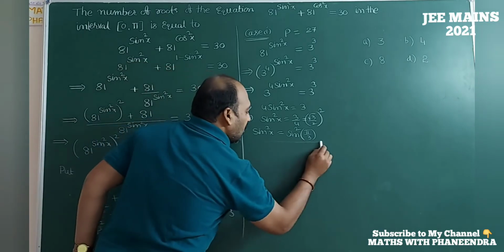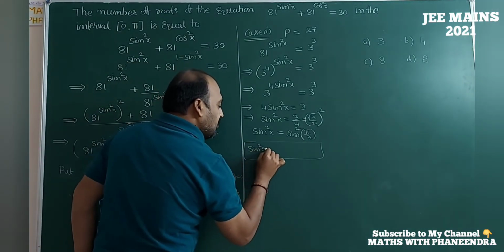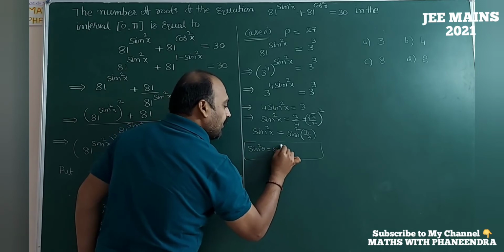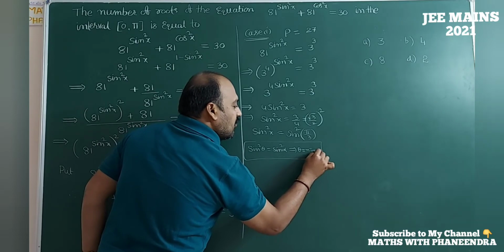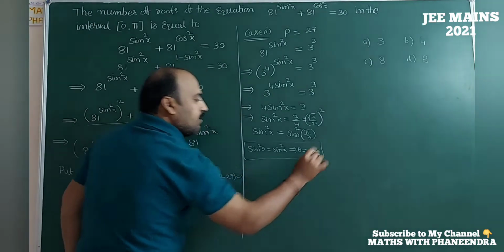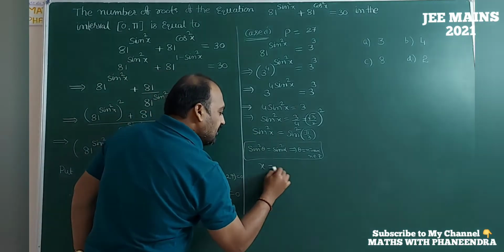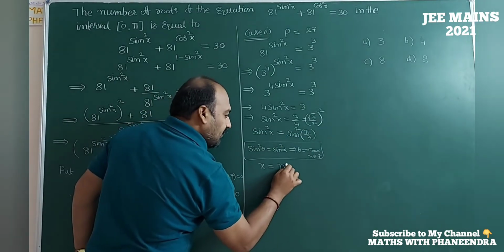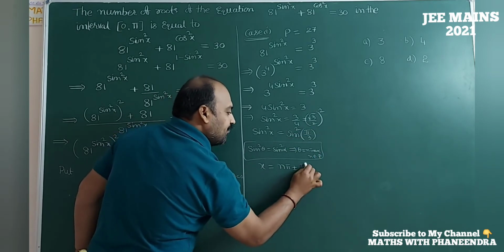We have this formula in trigonometry: sine square theta is equal to sine square alpha implies theta equal to n pi plus or minus alpha where n belongs to Z. By using this formula, x is equal to n pi plus or minus alpha. Alpha value is pi by 3.